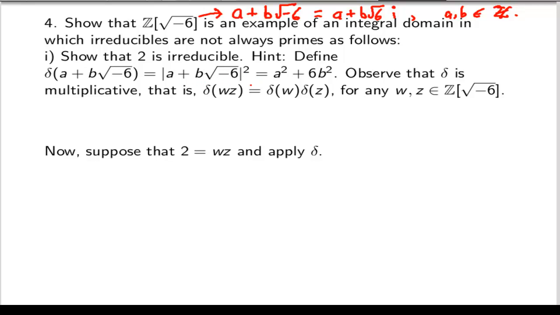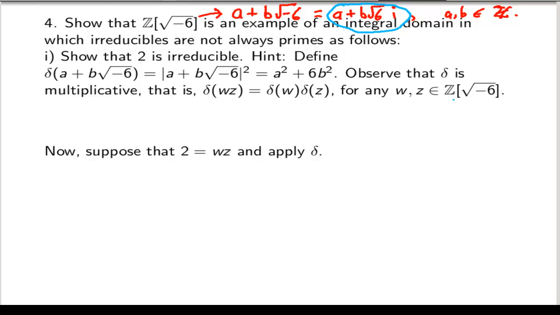So again, where does this absolute value come from? You're thinking of this as being a complex number, and so the absolute value squared is just a squared plus 6 times b squared. And again, this is a multiplicative function. So delta of wz is delta of w times delta of z for any two complex numbers in this integral domain.